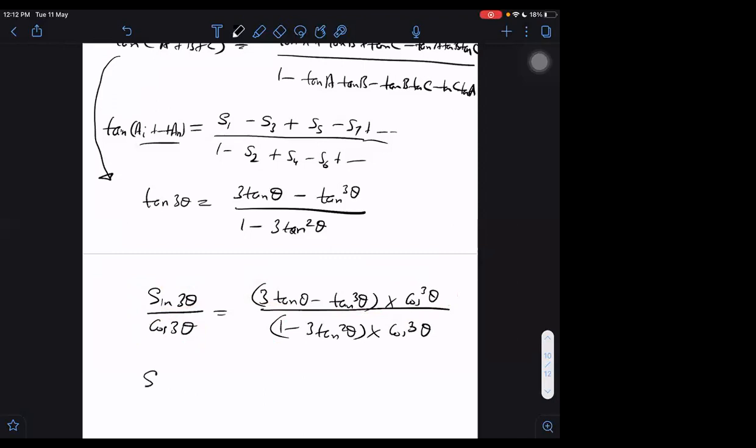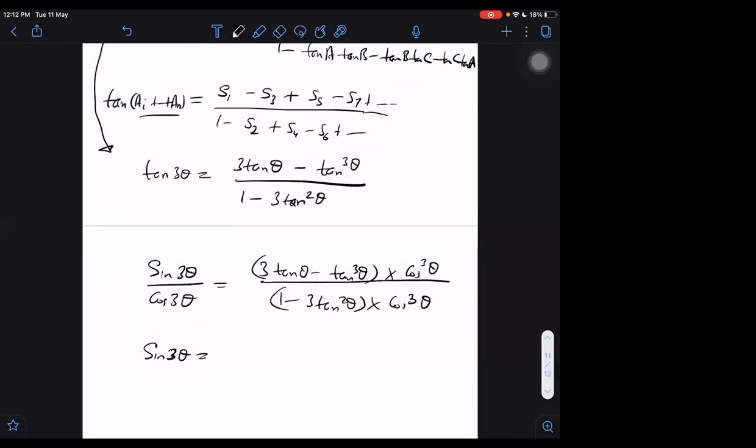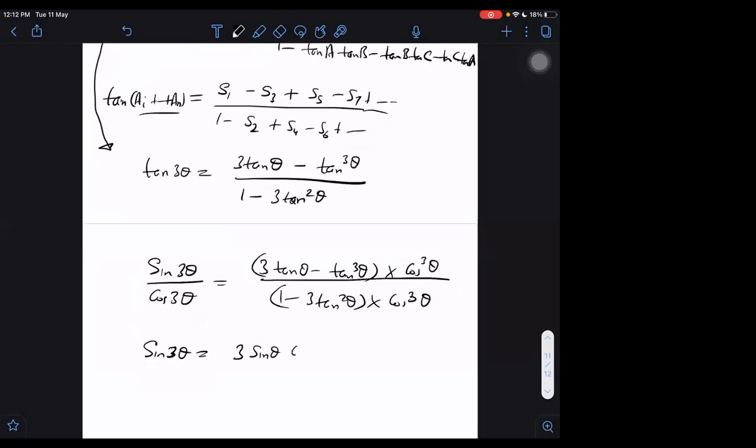What is the formula for sin 3 theta? 3 sin theta into cos square theta minus sin cube theta. Cos theta into tan theta will give us sin theta.